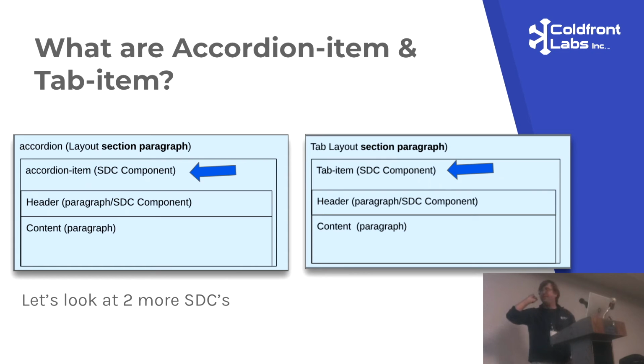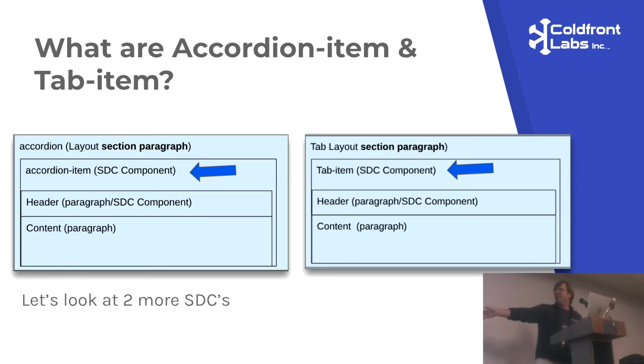You may have noticed that I had an accordion item as a component and a tab item component. These are SDC components too, but they're not paragraphs. We don't need to define what the inner part of an accordion is. You can use two paragraphs to build an accordion container, and then have your accordion item paragraphs, and nest them that way.